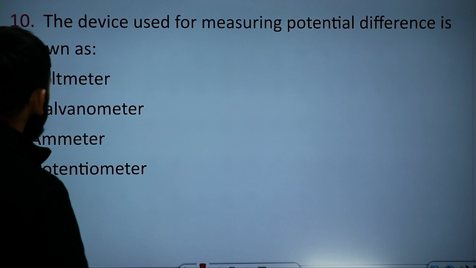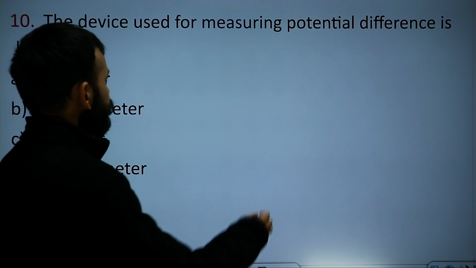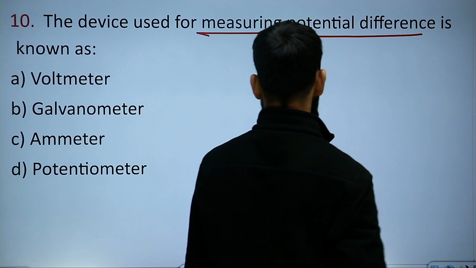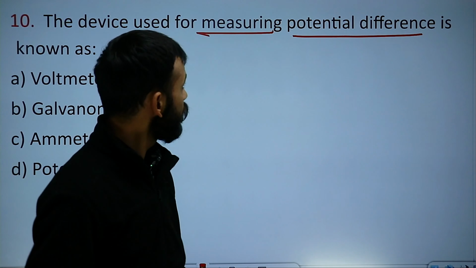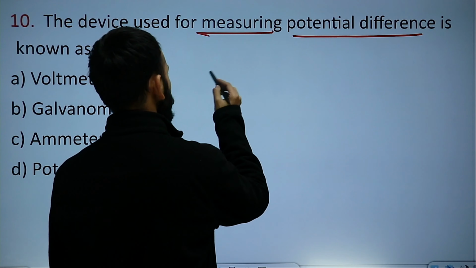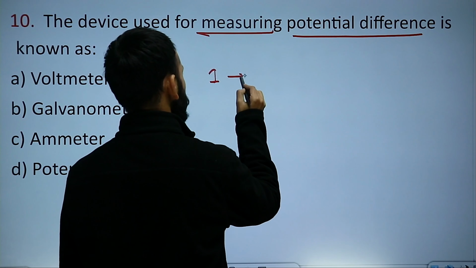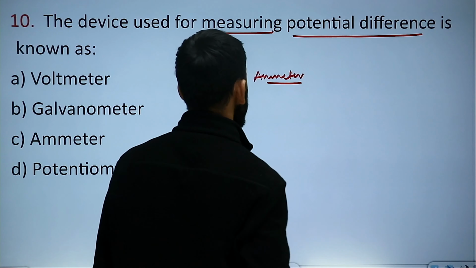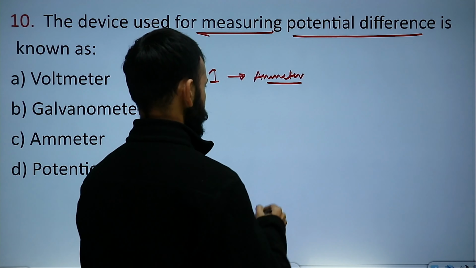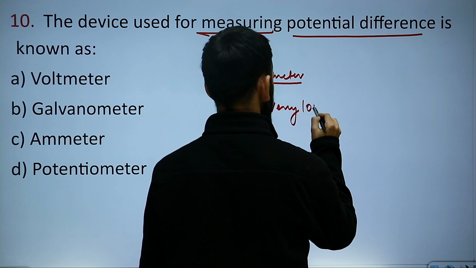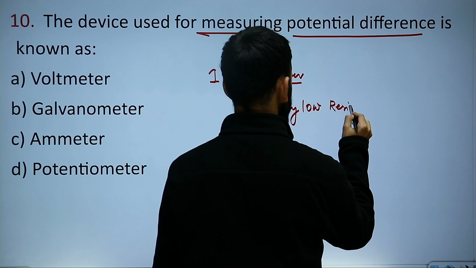Next, the device used for measuring potential difference is known as. If I talk about current, current is measured by ammeter, and this ammeter has very low resistance.